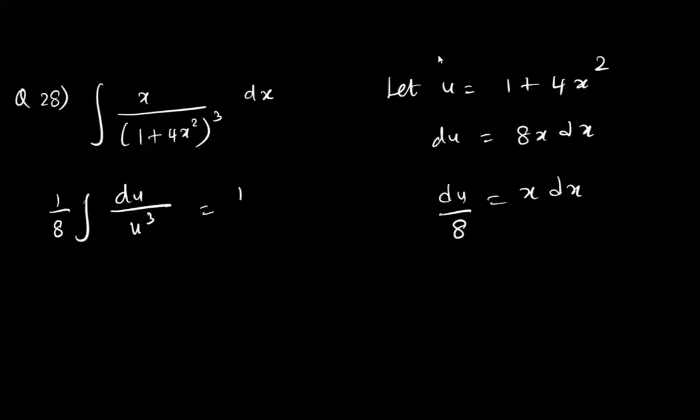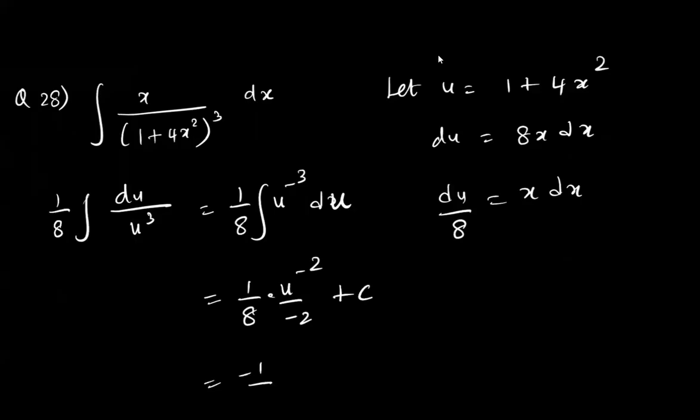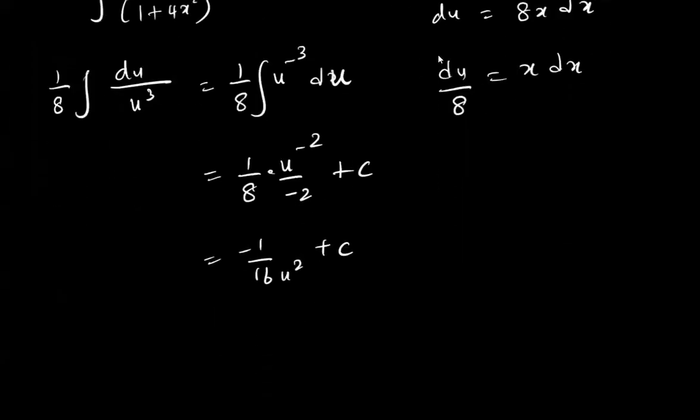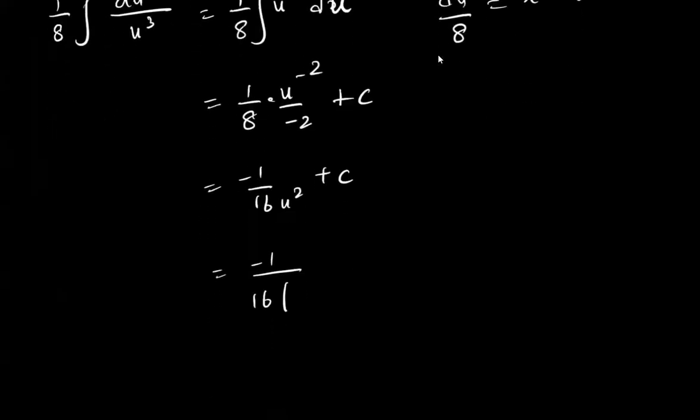So this can be written as 1/8 u to the power of negative 3 du, right? So this is 1/8 u to the power of negative 2 over negative 2, which is negative 1/16 u squared plus c, which is negative 1 over 16 times 1 plus 4x squared, the whole squared, plus c.